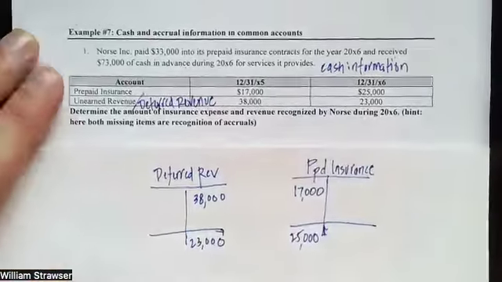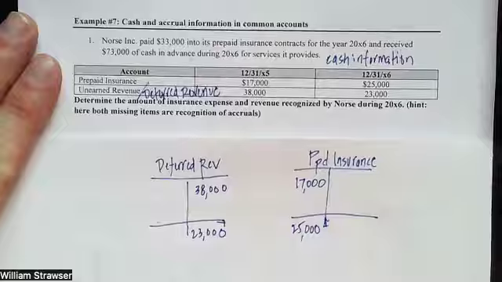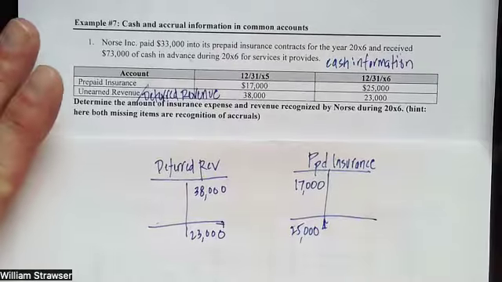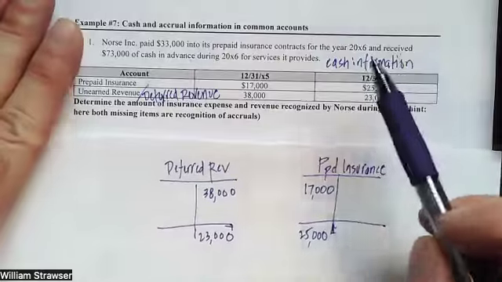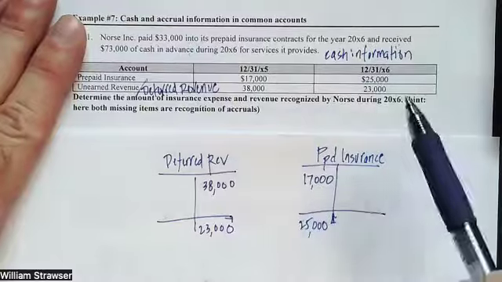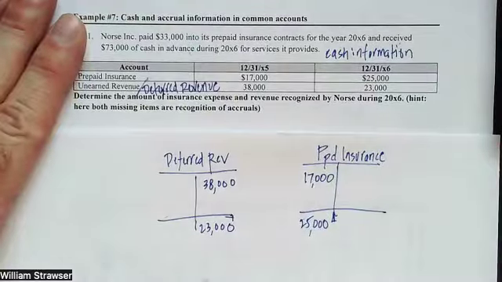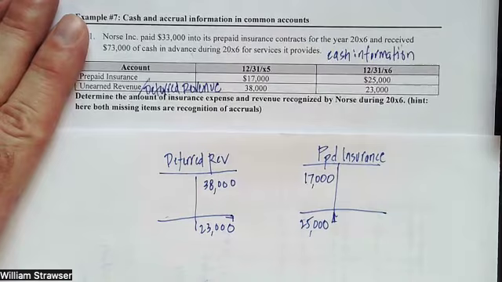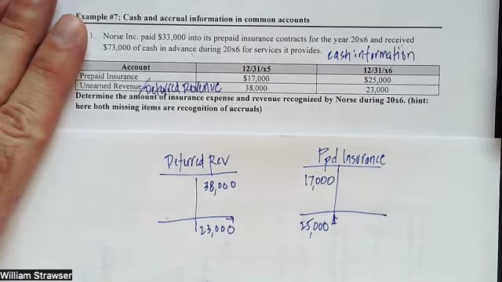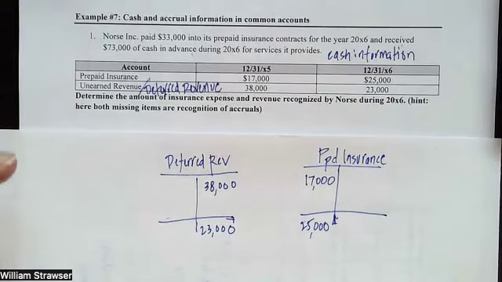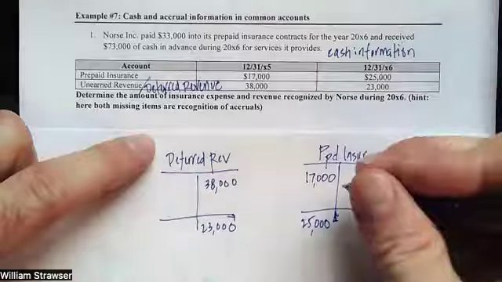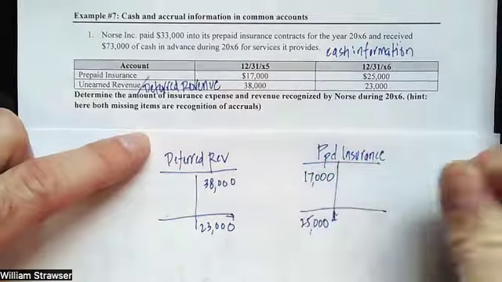So with this cash information, what I would do is determine, all right, if I pay $33,000 of cash and start basically booking a contractual insurance contract with somebody, so I'm re-upping my insurance. I need to extend the life of my insurance contracts, and I pay 33,000 into that.